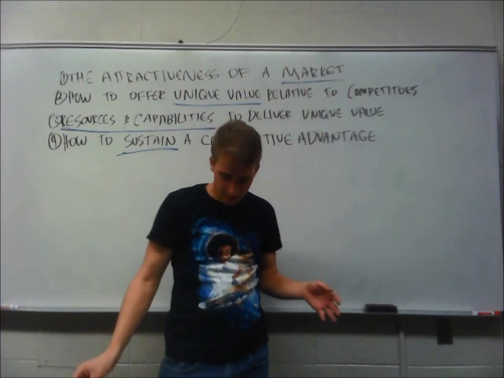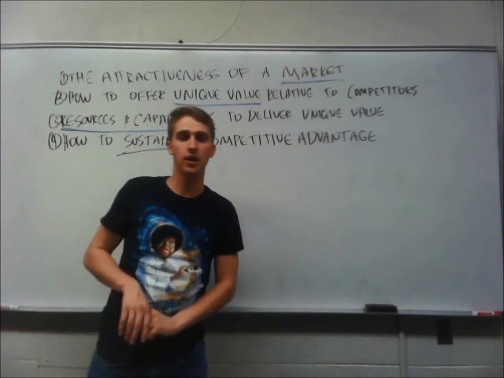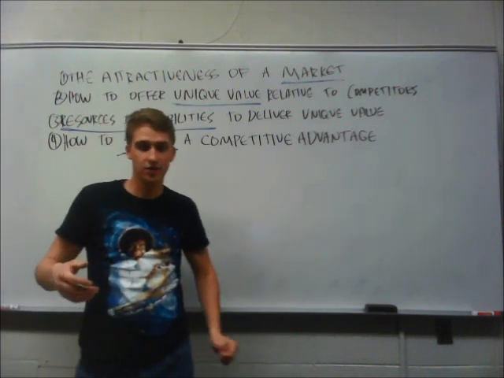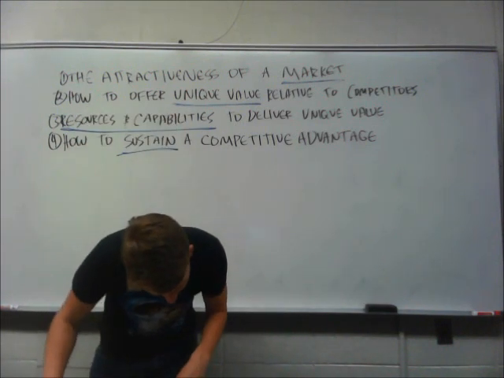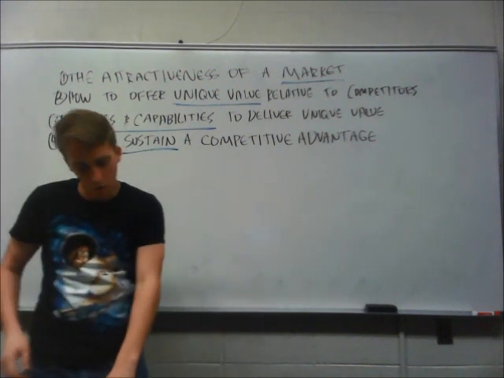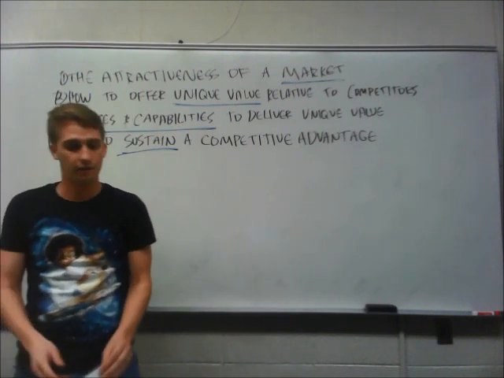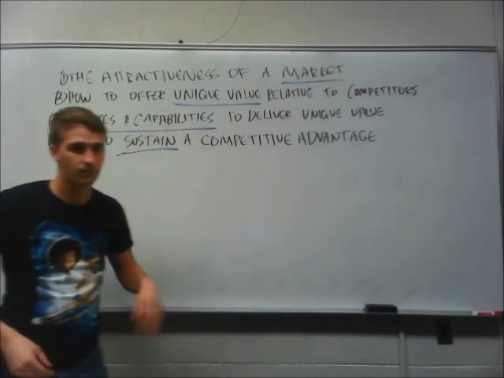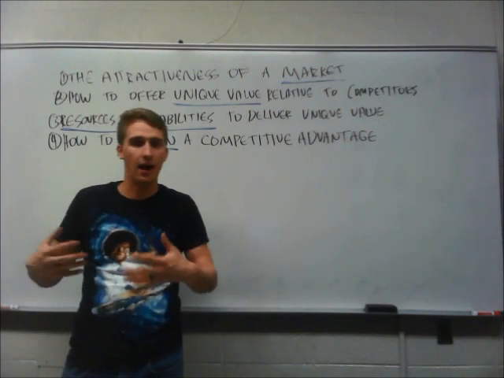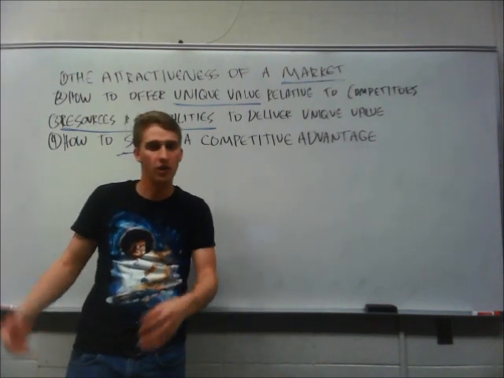External analysis. So you would look at the industry. You would say, how is the industry doing? Why are some industries more profitable than others? So you look at the industry as a whole and figure out whether or not the business plan is effective, what you could change about it.